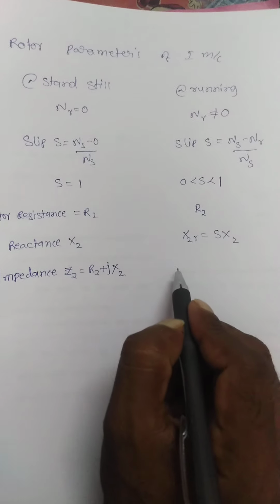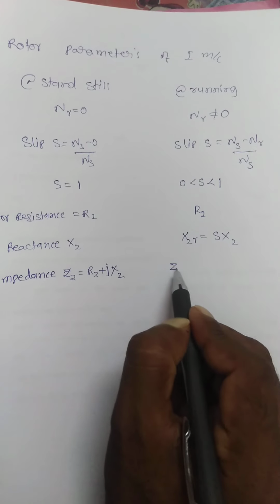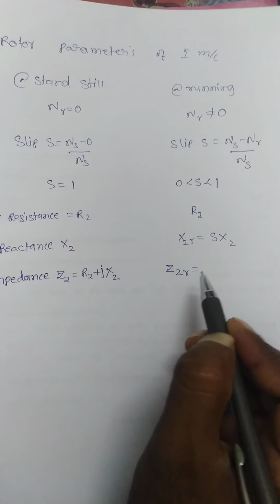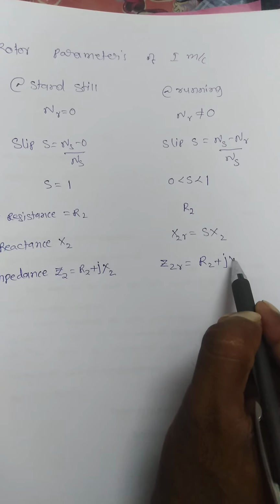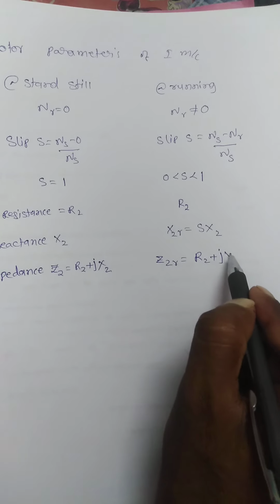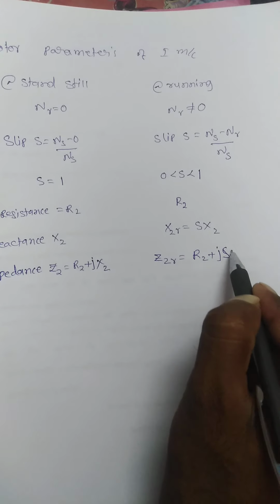Impedance under running condition, z2r equal to r2 plus j s x2.